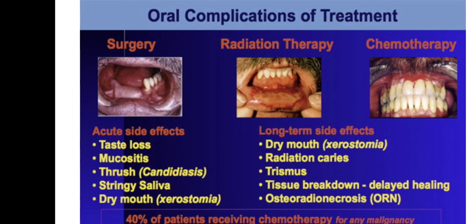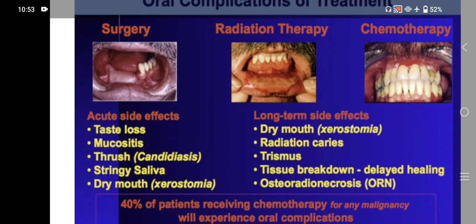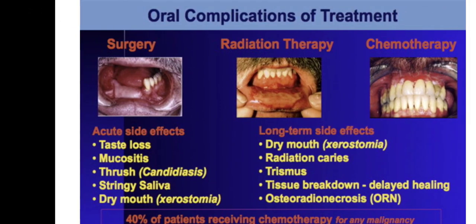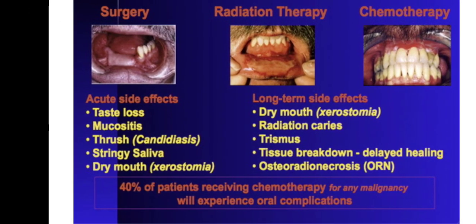These chemicals have side effects, the radiations also have side effects, and surgery also has side effects like taste loss and mucositis, which means inflammation. Even after the surgery many complications take place. So the treatment is available, but there are too many complications.